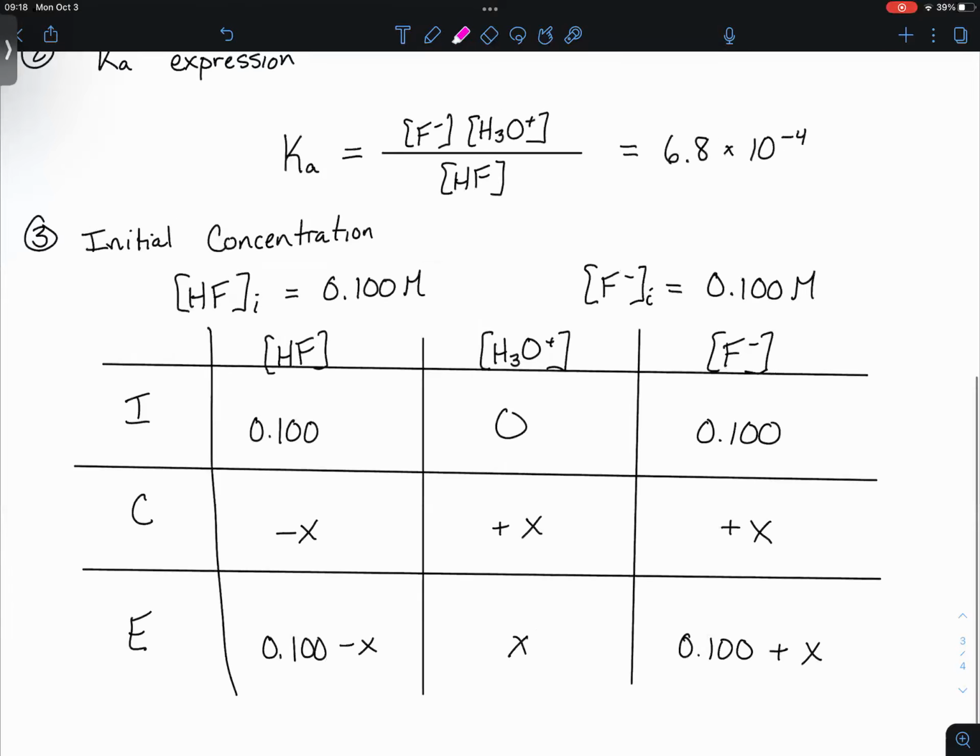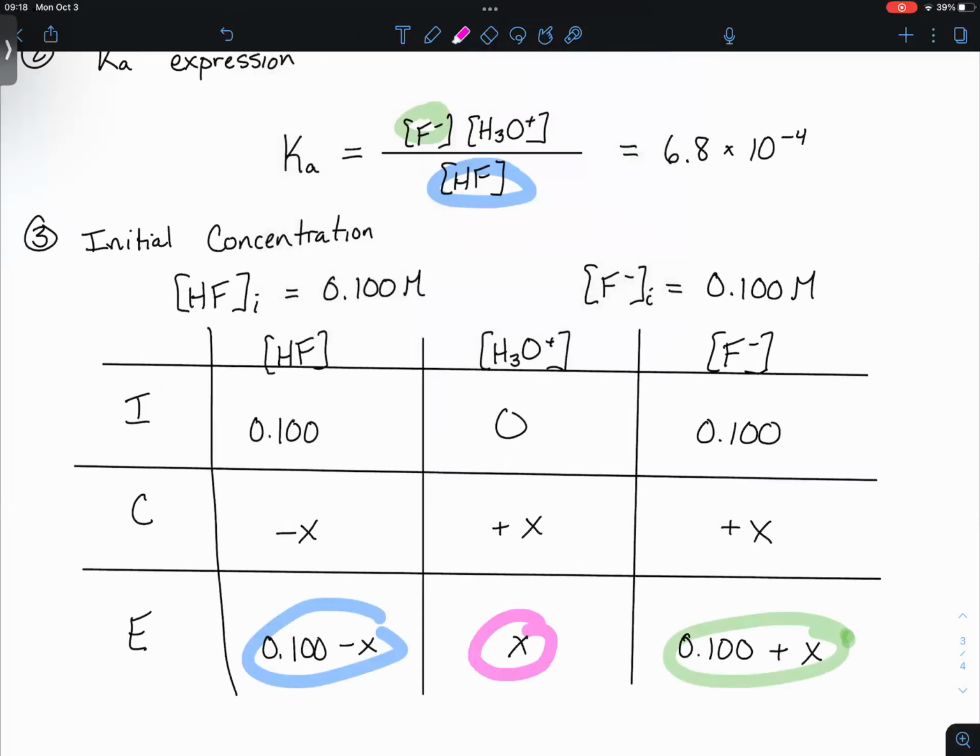Remember, that's why we create our ICE table, so that we know what to plug in up here. That would be that value there. My fluoride ion concentration, that's that value there. I guess it's an expression, not a value, but yes. And X will go for my hydronium concentration. Okay.